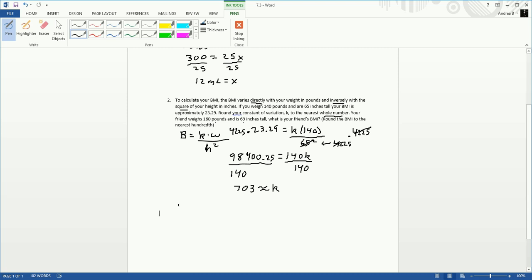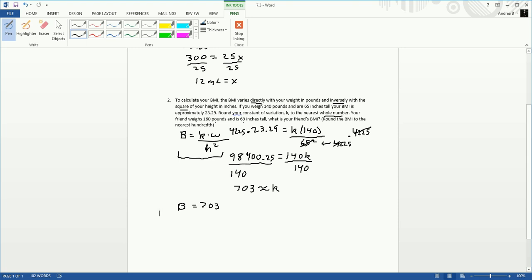So here, once again, B is for our BMI. So we have B is equal to, we want to plug in the K that we just had into that equation that we set up to begin with. That B equals K times W over H squared.